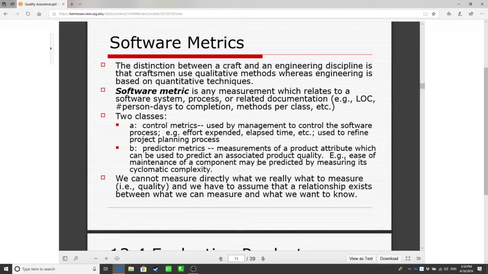And predictor metrics are measurements of the product attributes which can be used to predict and associate product quality, like ease of maintenance, which is a prediction. Because the maintenance, we are not doing that yet. It's something in the future, but we want to measure that because we need to plan for it. So it's called predictor metrics and control metrics.